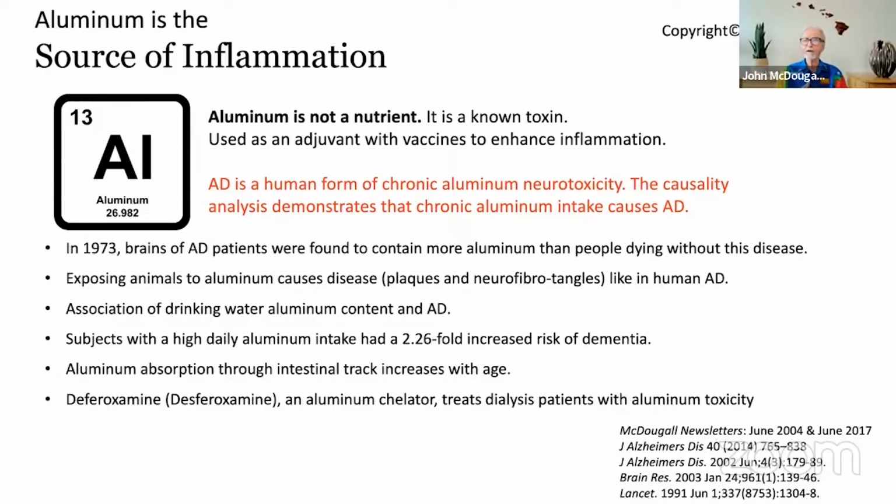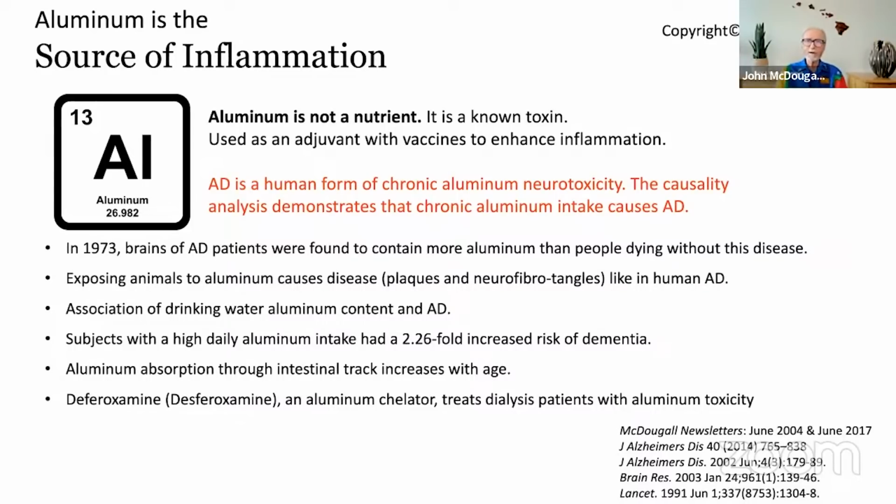We particularly saw this when we were using aluminum hydroxide in the treatment of kidney patients. It's part of the therapy when somebody gets on dialysis. You put them on these aluminum compounds to reduce, I believe it's the phosphorus in the patient's system. And what we found is a dementia that looked just like Alzheimer's disease in these people on dialysis who were getting these aluminum compounds as part of their treatment.